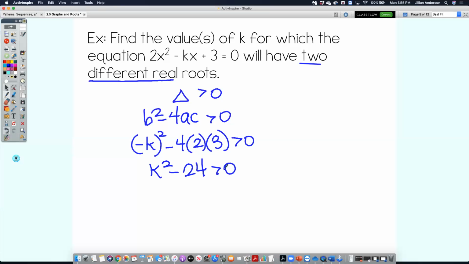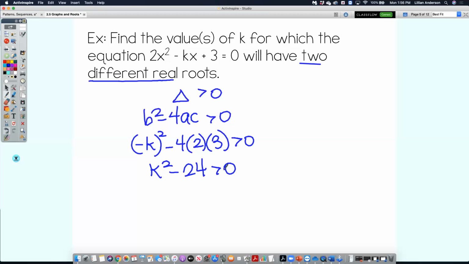Now, quadratic inequalities work a tad bit differently than quadratic equations. You still go about solving it the same way, but that inequality causes you to have to realize that the values you get, you're talking about a range of values now. Whatever you plug in for k, and you subtract 24, has to be greater than 0.